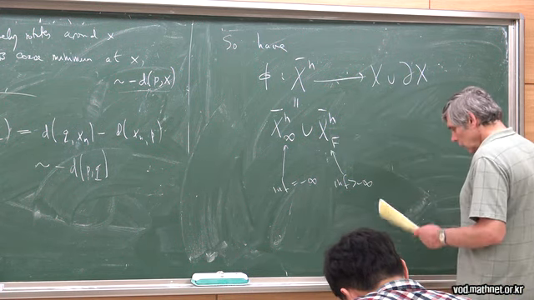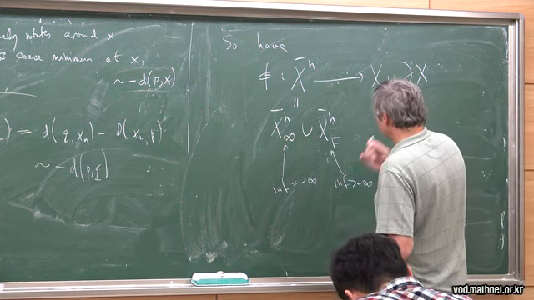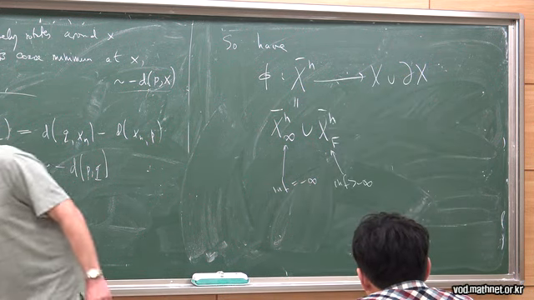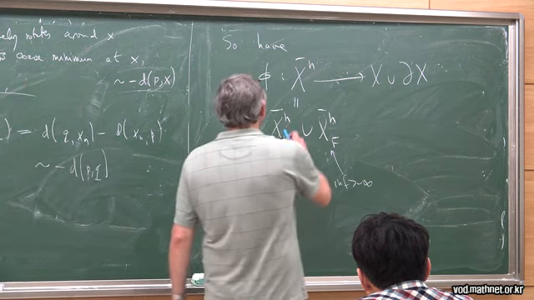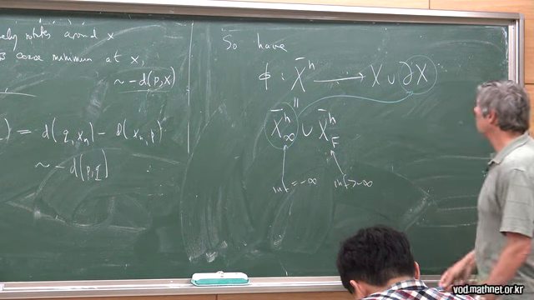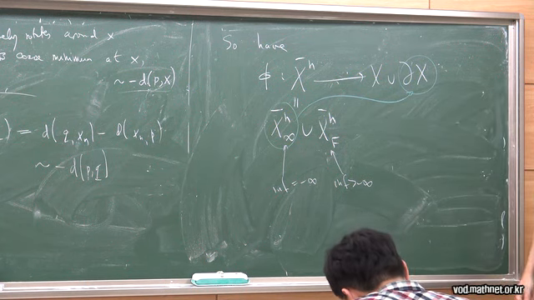And phi is going to send the infinity part to the boundary of x. The definition is just, it's going to be a unique point where the function is negative infinity.